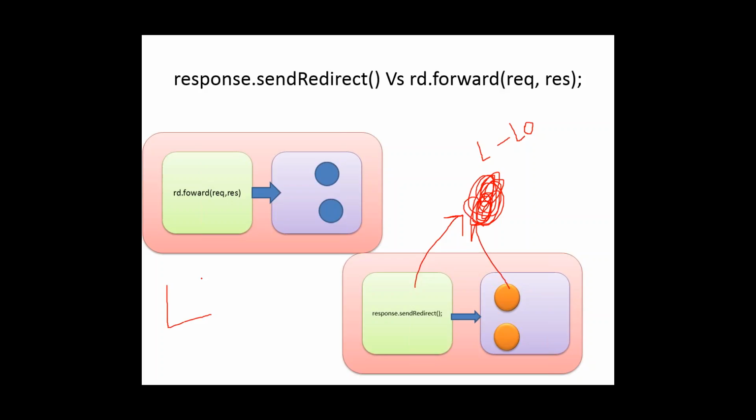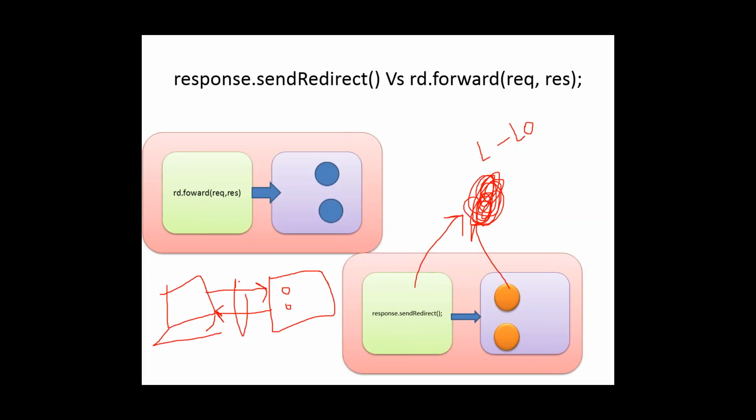Let's say this is your computer, which is the client, and this is your container. When the client sends the request, the container creates two objects: one is the request, the second is the response. When this response is committed to the client, this is called one request and response cycle.